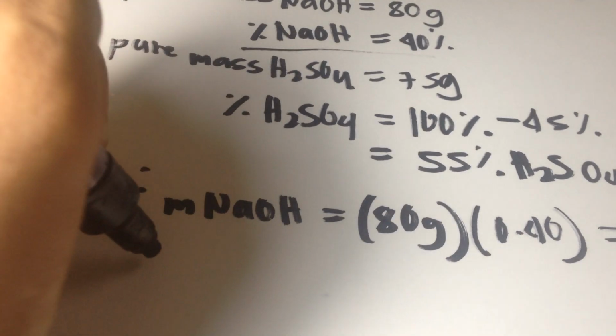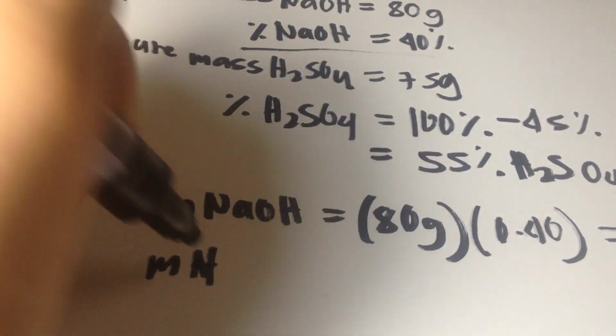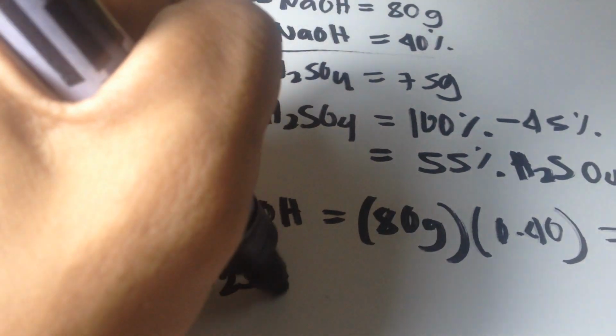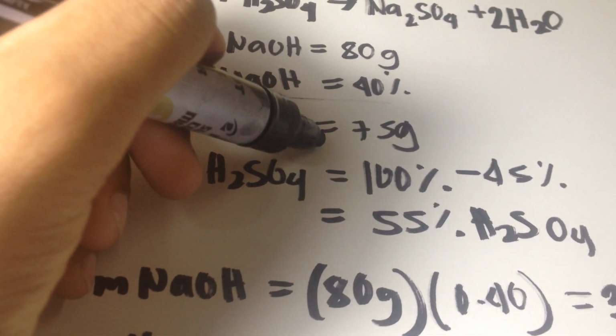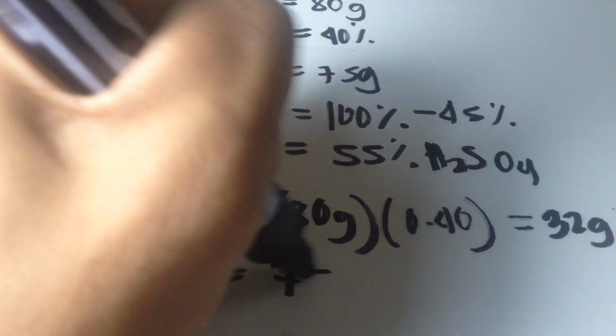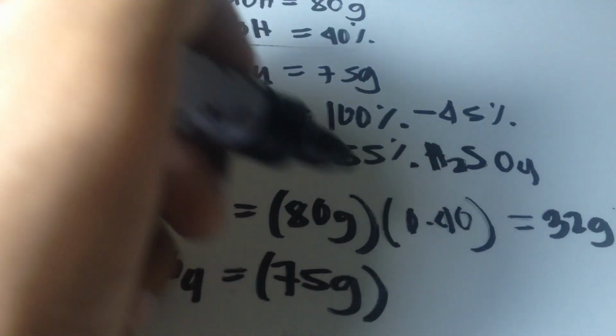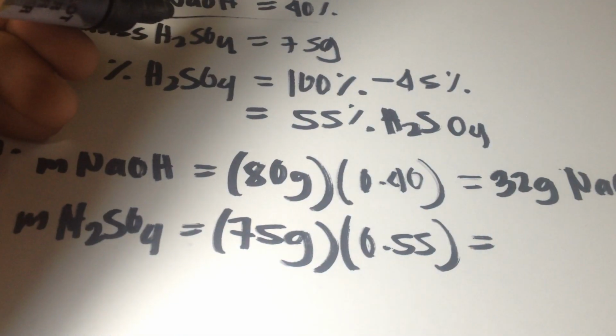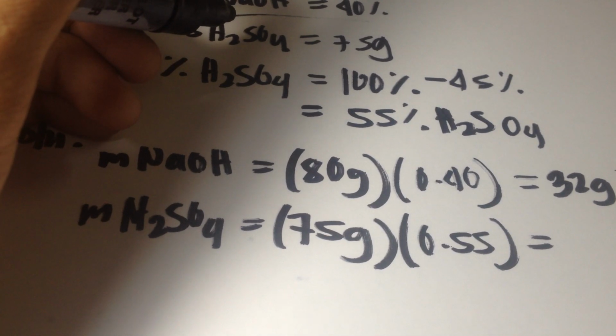And then we have the mass of sulfuric acid, 75 grams times 0.55. So 75 times 0.55 is equal to 41.25 grams of sulfuric acid.